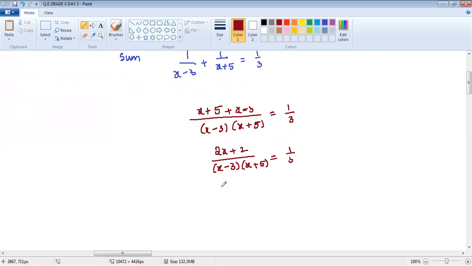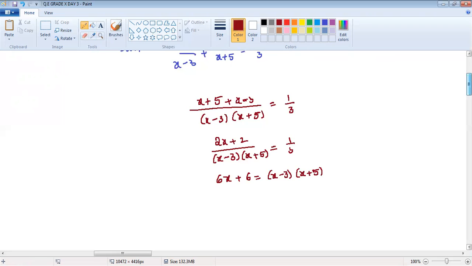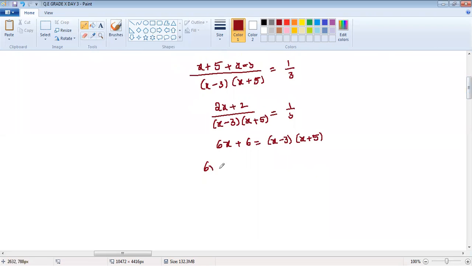So then cross multiply, 3 into 2x, 6x plus 6, which is equal to x minus 3 into x plus 5. Am I right, ma? Yes, sir. Then 6x plus 6 is equal to x square plus 5x minus 3x minus 15.